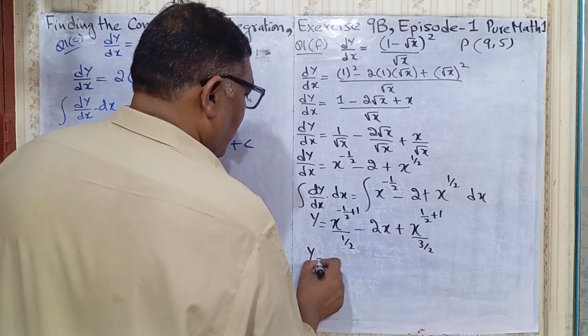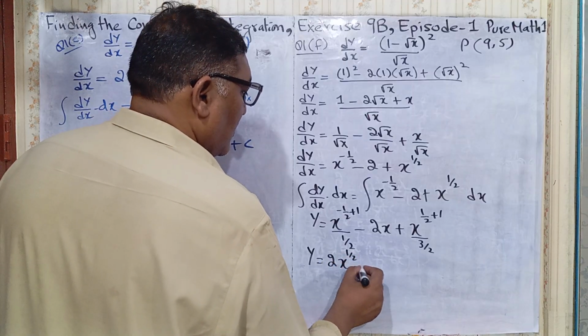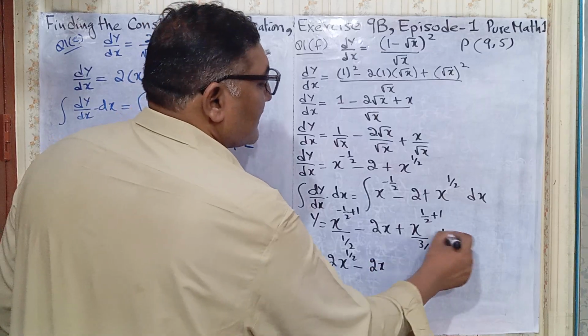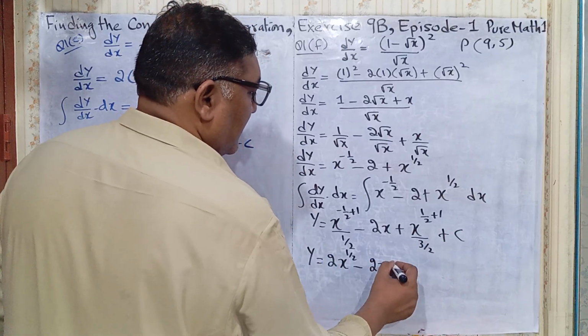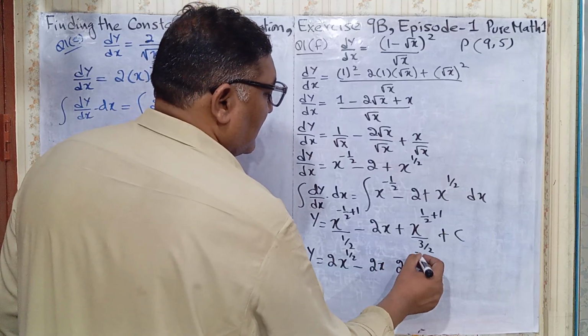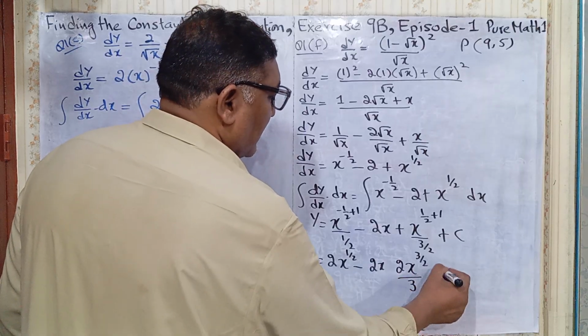So your y becomes 2 x raised to power 1/2 minus 2x plus 2x raised to power 3/2 divided by 3, plus c.